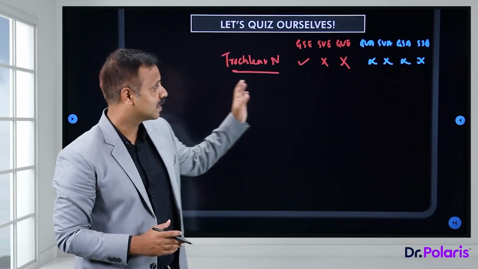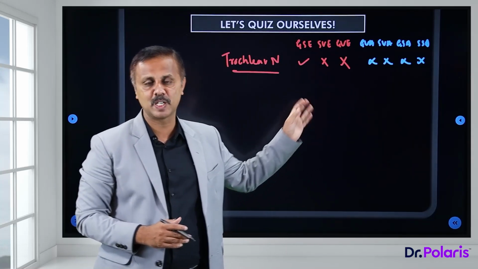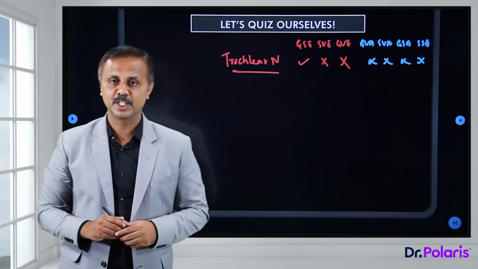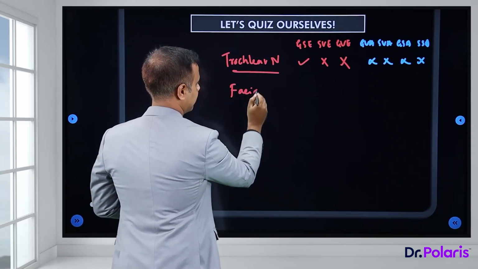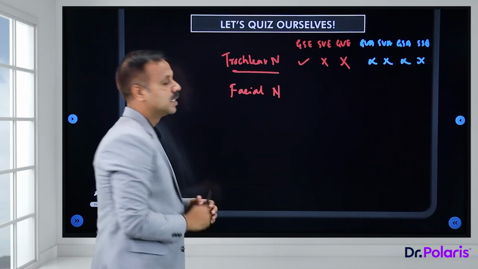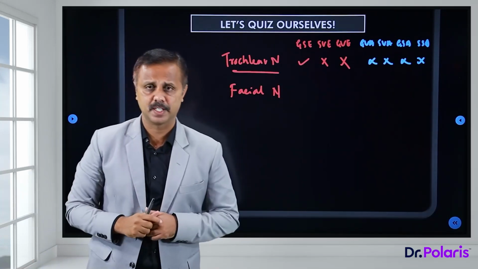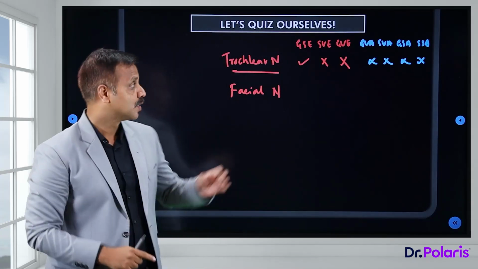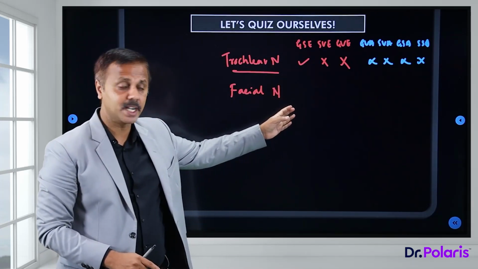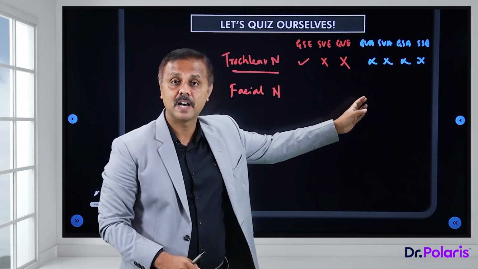Fine. Now this is for one easy nerve which was purely motor. Now let's try and do this for facial nerve, which is much more complicated. So what type of nerve is facial nerve? Facial nerve is an example of a mixed nerve. So it should have both efferent and afferent components.